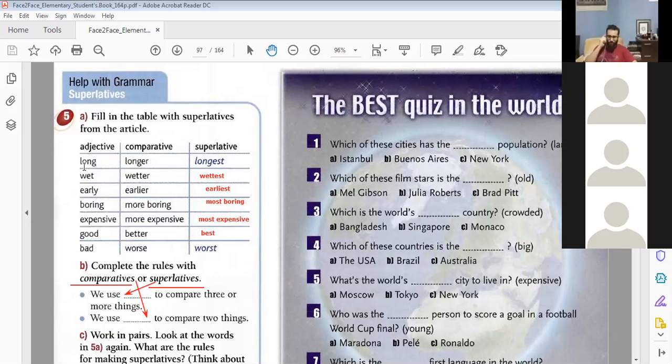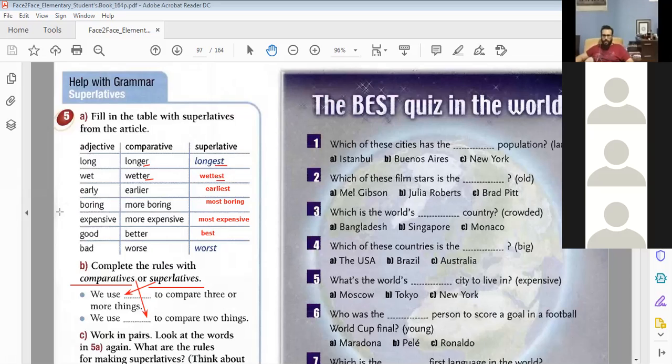Why? Because long and wet have one syllable. And also because in the comparative, we used er, right? So if you use er in the comparative, just use est in the superlative. Yes, the same.